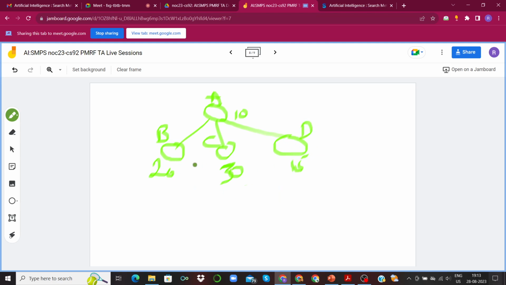Now let's say you can go from A to B to D again, or you can go from A to D to B again, but the cost till this point is, let's say, only 17.